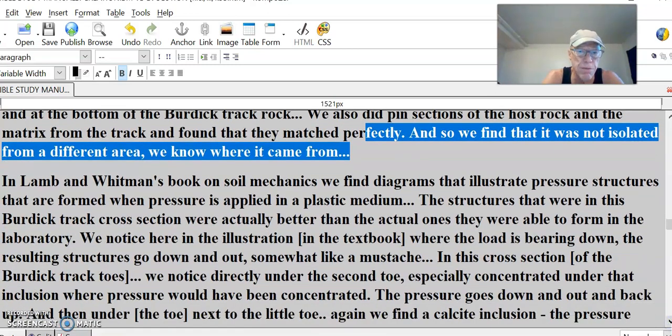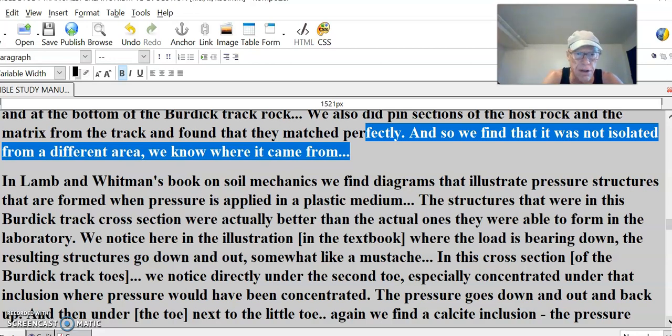In Lambe and Whitman's book on soil mechanics, we find diagrams that illustrate pressure structures that are formed when pressure is applied in a plastic medium. The structures that were in this Burdick track cross-section were actually better than the actual ones they were able to form in the laboratory. We notice in the illustration in the textbook that where the load is bearing down, the resulting structures go down and out, something like a mustache, showing how this was an actual track and not just carved.